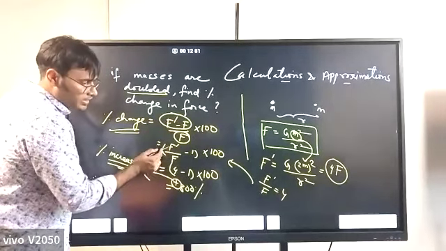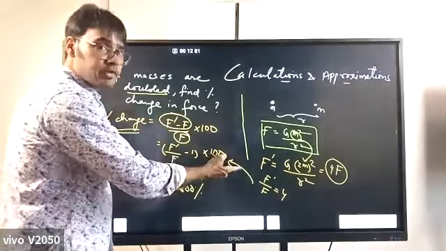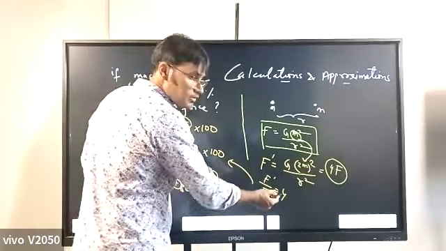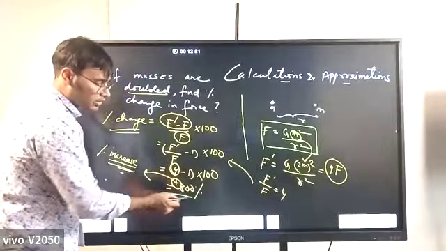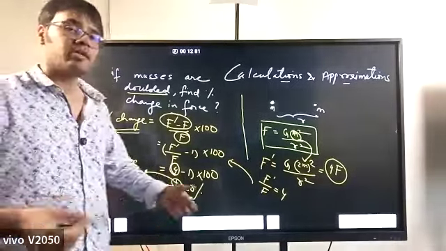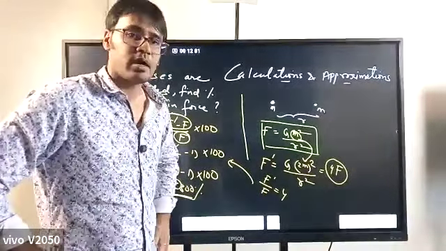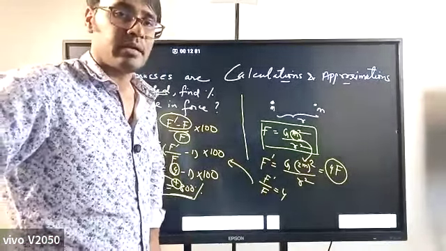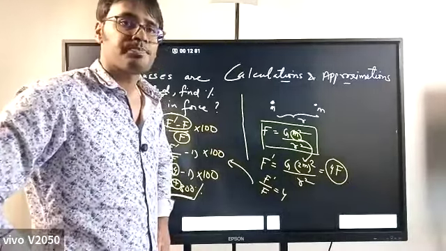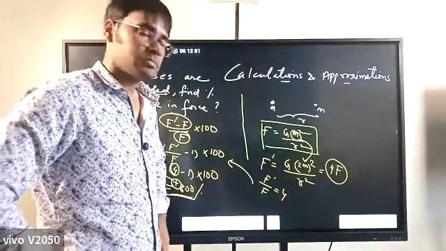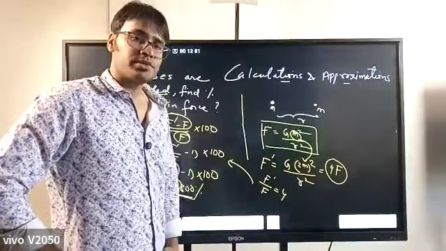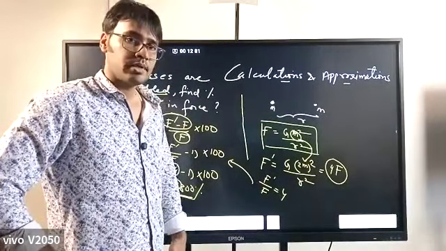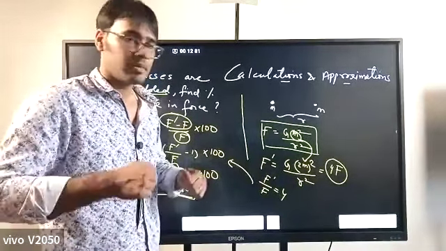So f dash by f, because here we know the value. F dash by f is 4. So I wrote here 4 minus 1 into 100. So 300% increase in force. I hope you are clear, Aaron and Saisat. Comfortable, Diksha? So here it is a simple calculation. Yes or no? Give me a thumbs up.